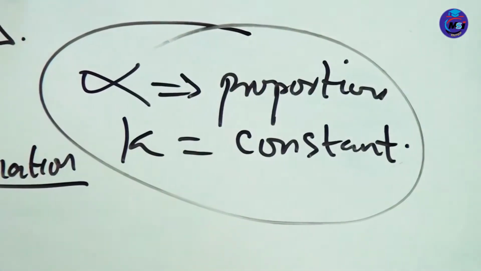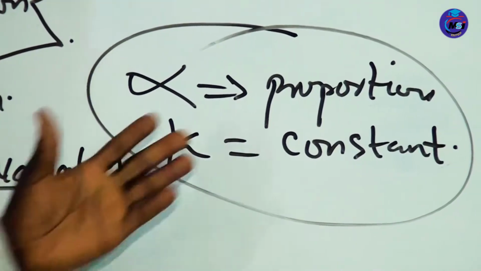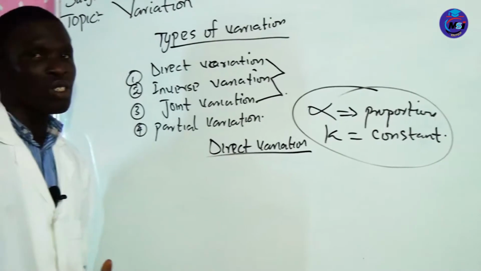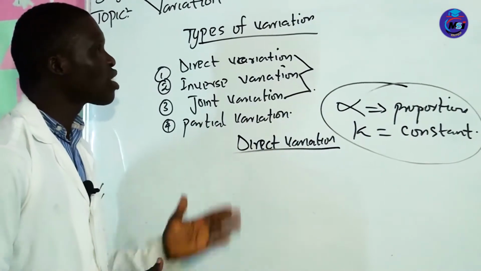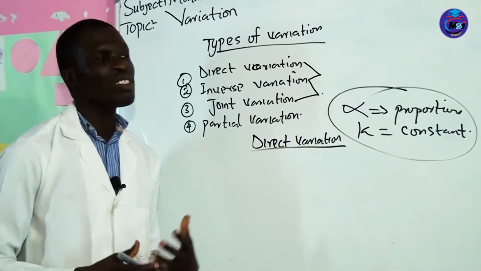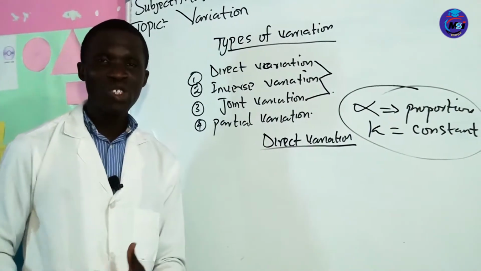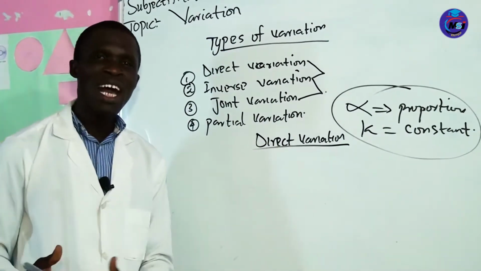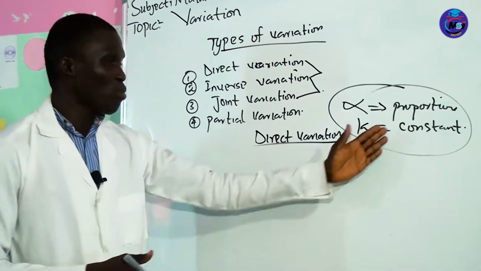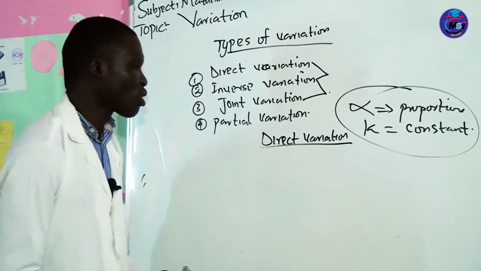These two terms we use in variation most often. As a result of this topic, you'll be hearing words like directly proportional, inverse proportional, jointly proportional, and so on. We'll be hearing the word constant also.